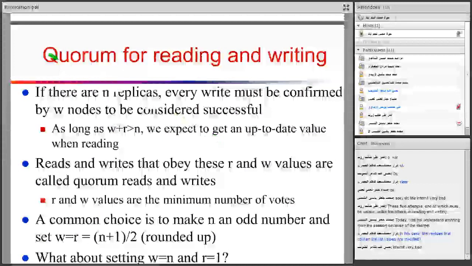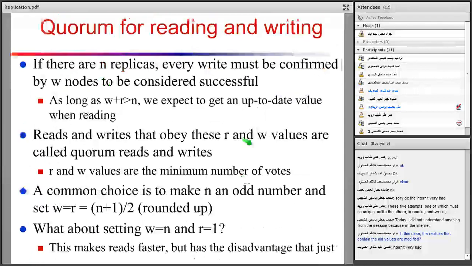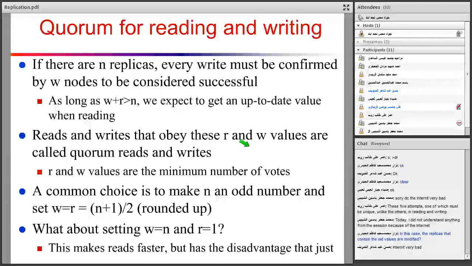Okay, quorum for reading and writing. If there are n replicas, every write must be confirmed by W nodes to be considered successful. W is the quorum write. And as long as W plus R is greater than n, we expect to get an up-to-date value when reading.